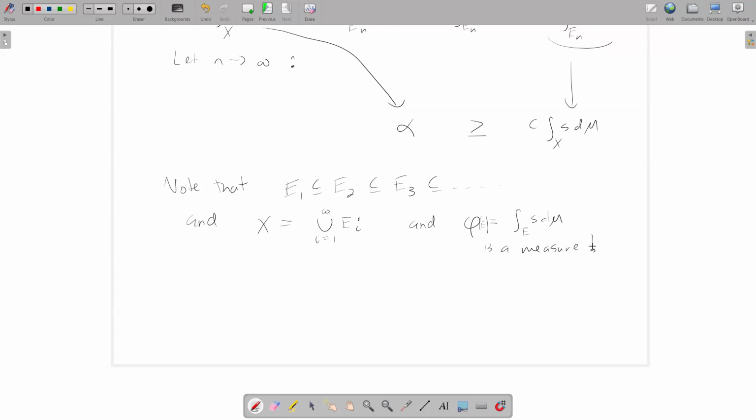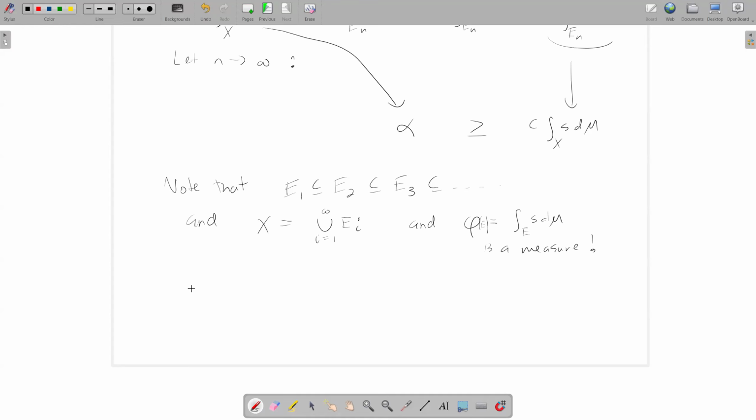And that's actually pretty easy to see, especially for a simple function, because if you're dealing with a simple function, basically we're just intersecting. There's nothing super involved here. To see that this is a measure, you just need to show it's countably additive, and you just have a finite sum of infinite series. It's pretty easy to see that it's a measure.